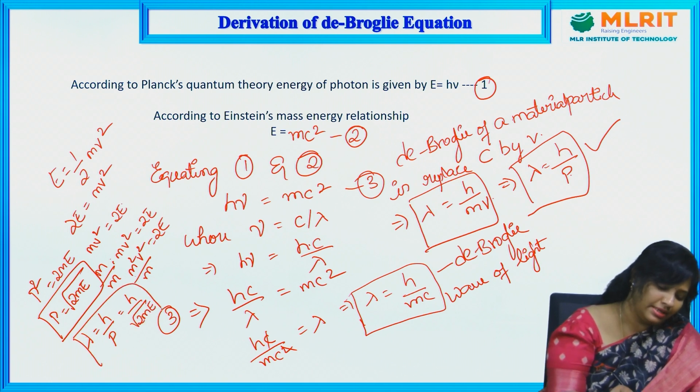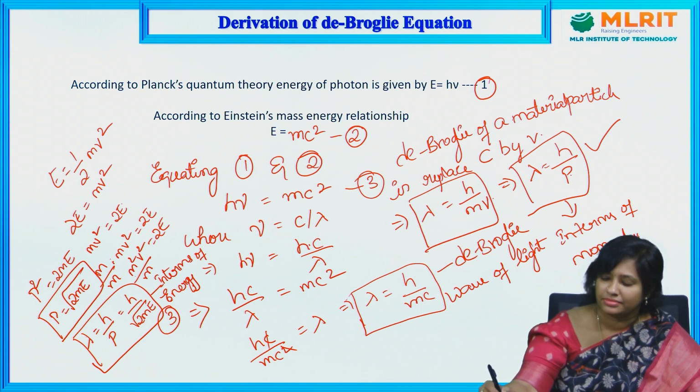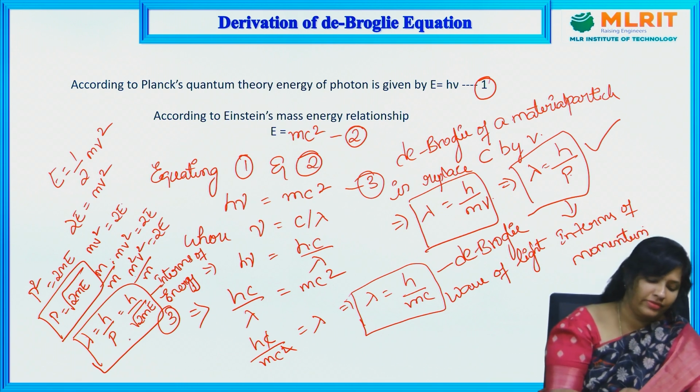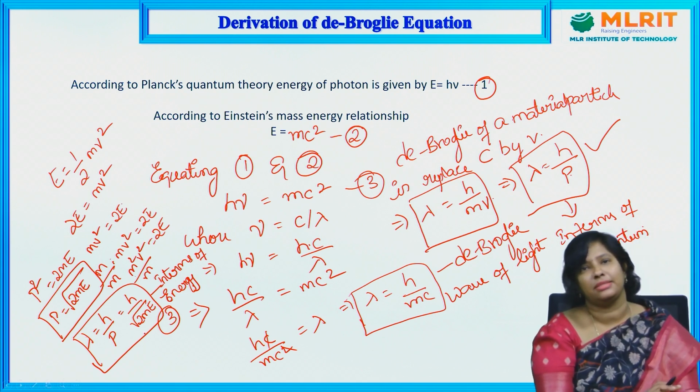This is the de Broglie wavelength in terms of energy. The earlier one is the de Broglie wavelength in terms of momentum, and this is the de Broglie wavelength in terms of energy. Okay, hence proved.